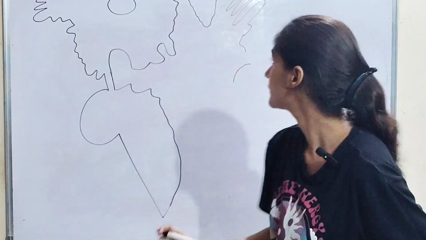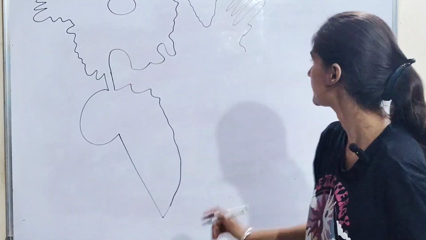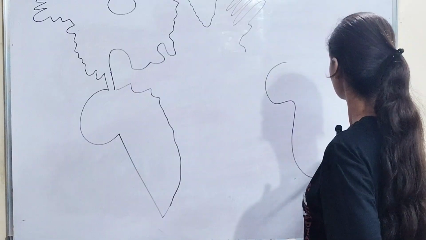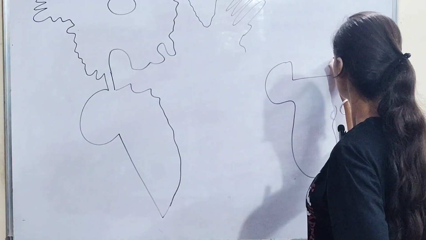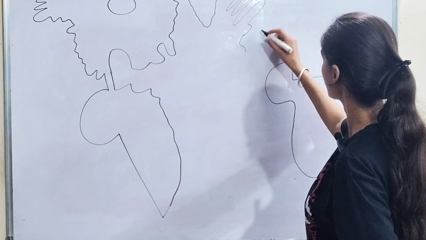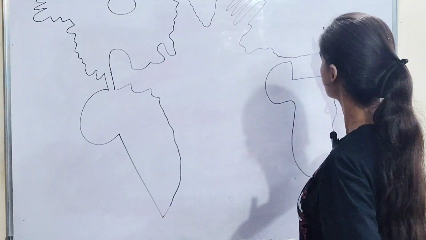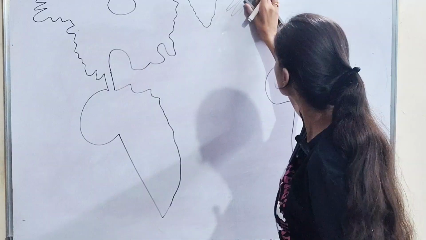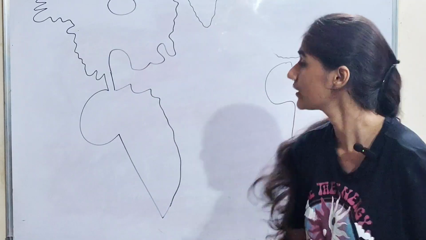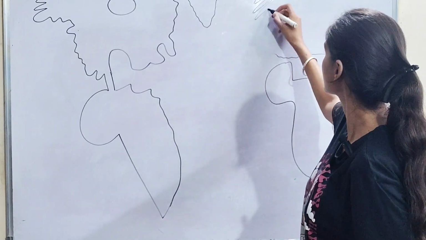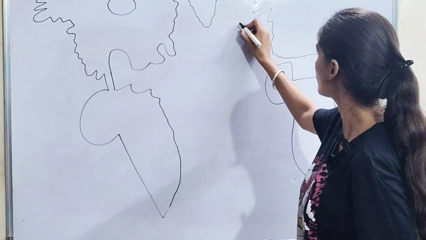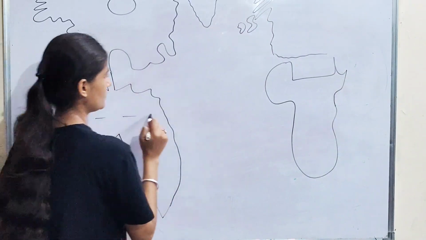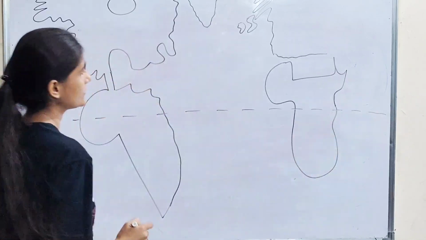Wait a minute, just make it a little bit aside. This is Africa. Let me open it up a little on this side. Yes, now it's perfect. Like this. Okay.